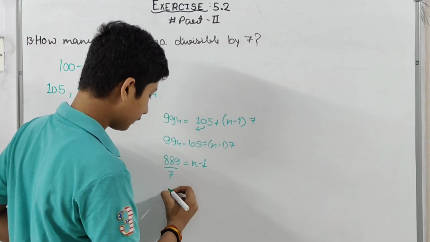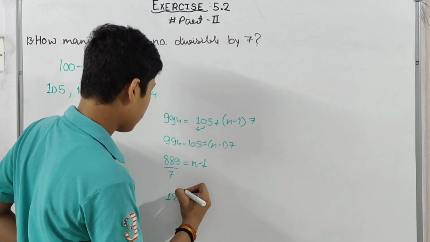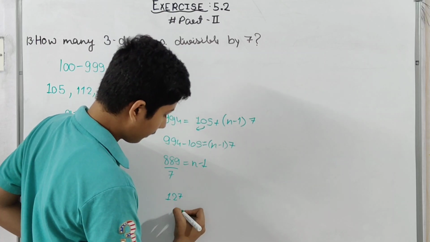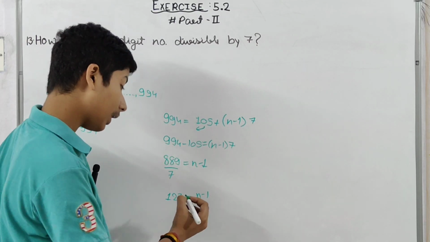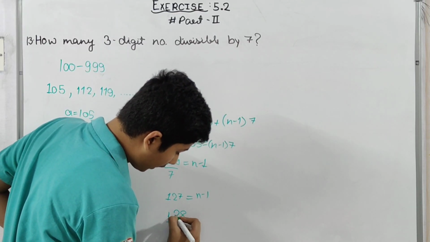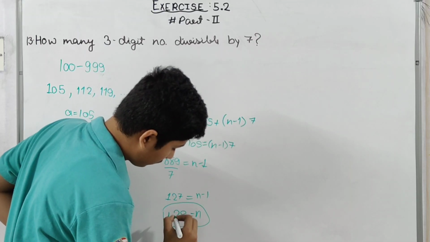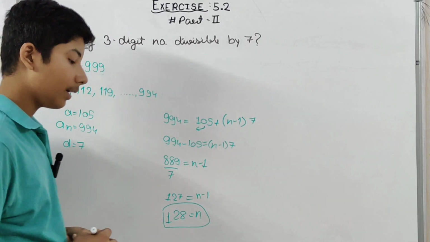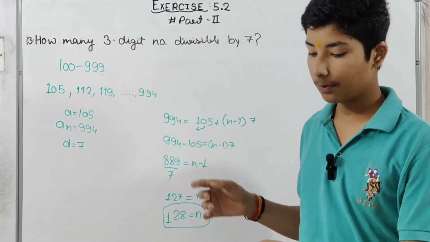So 7 times 127 is 889, which equals n minus 1. So the value of n will be 128. This will be our answer. Now we'll continue with our 14th question.